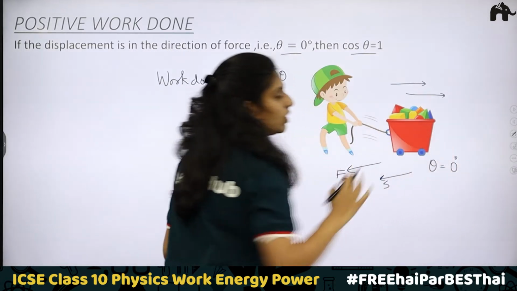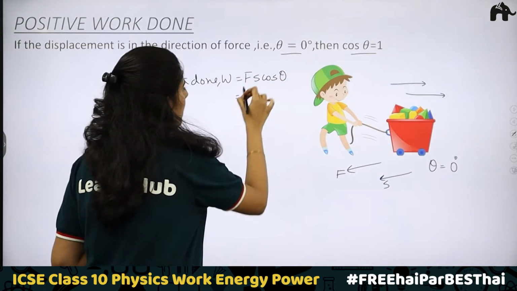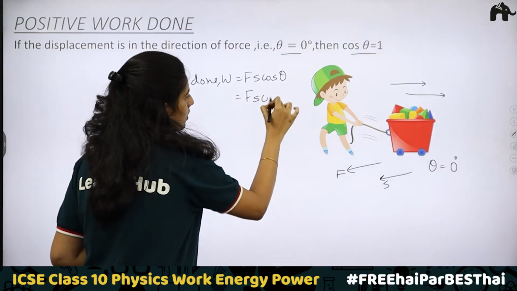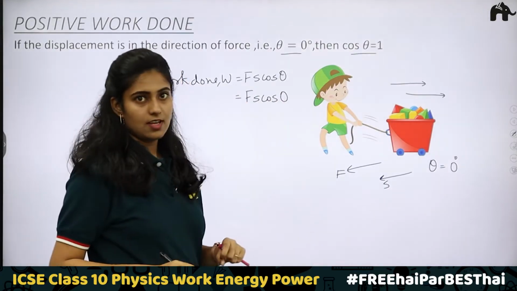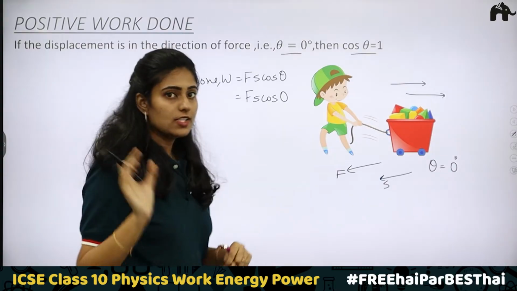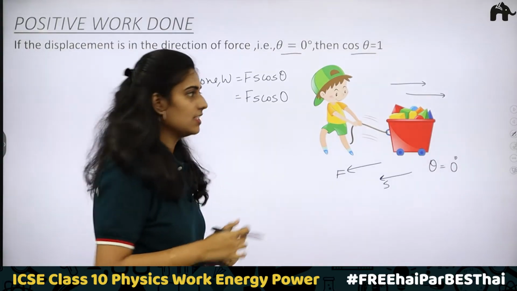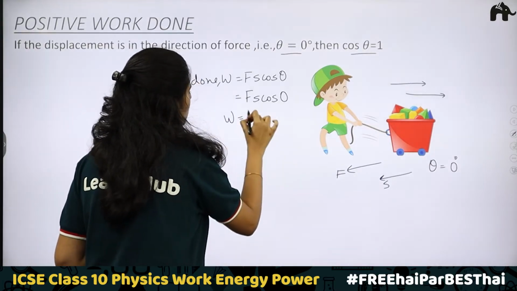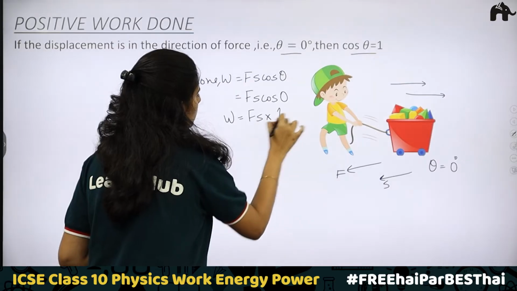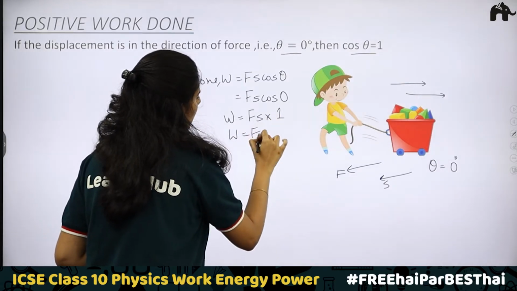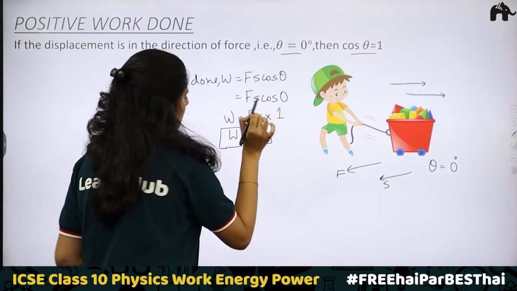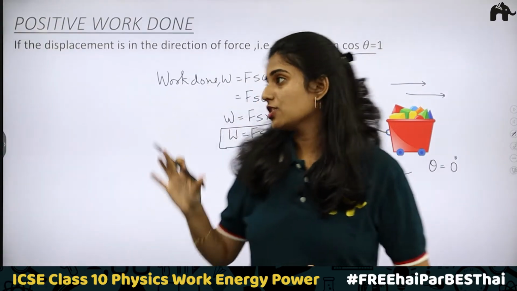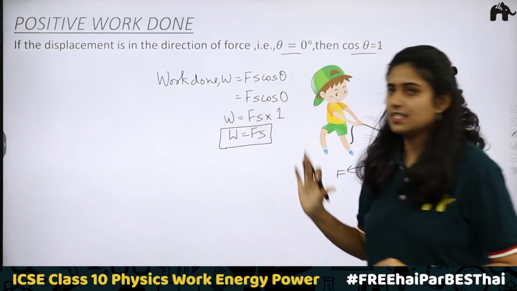Angle theta is equal to 0 degrees. Fs cos 0. What is the value of cos 0? Cos 0 is equal to 1. Therefore, work done W is equal to Fs into 1, W is equal to Fs. Work done is the product of the magnitude of force and displacement.